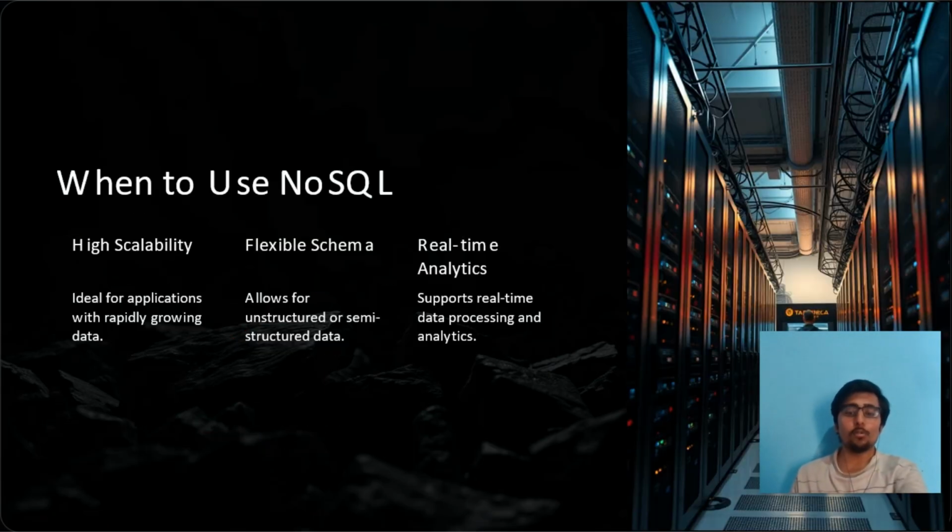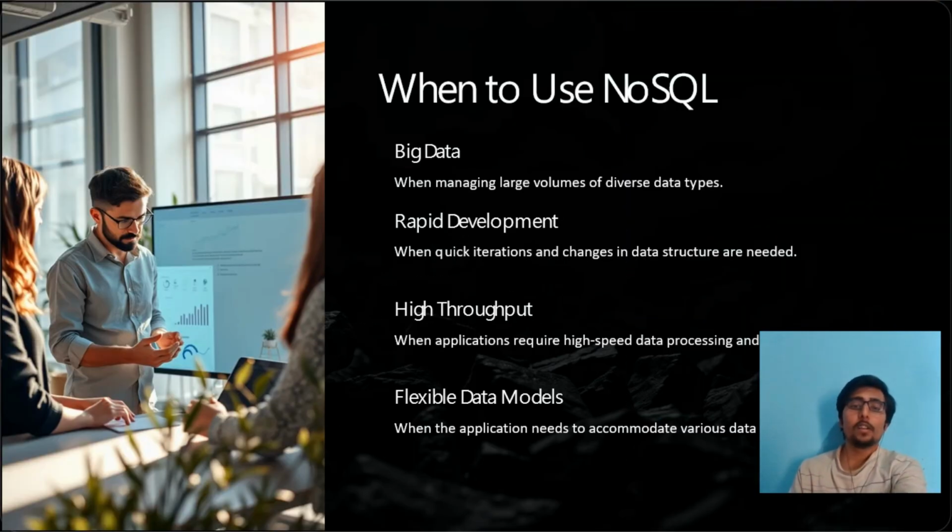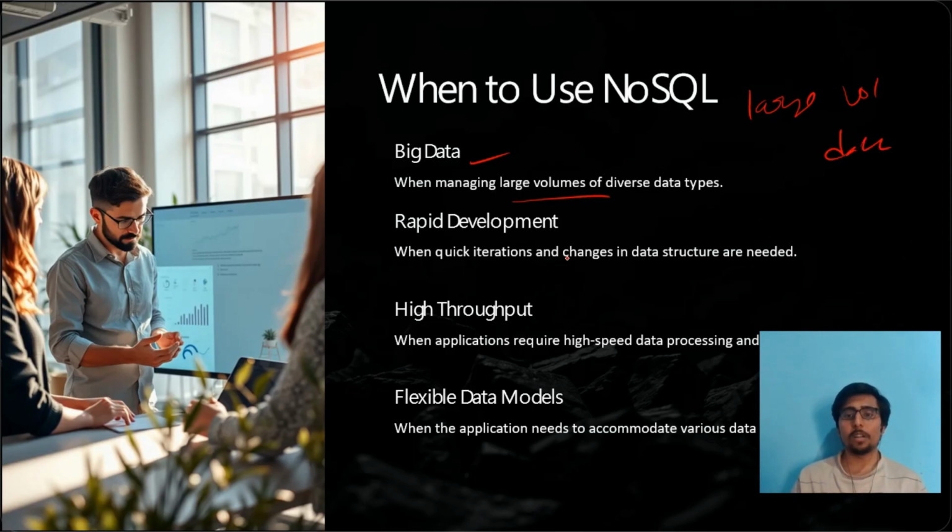Now directly come to NoSQL databases. When to use them? As you can see on your screen, when you need high speed real-time or big data, managing large volumes of data, or rapid development, meaning quick iterations and changes in data structure are needed. If you need the work to be done fast, you'll use a NoSQL database. Plus high throughput and high speed data processing.